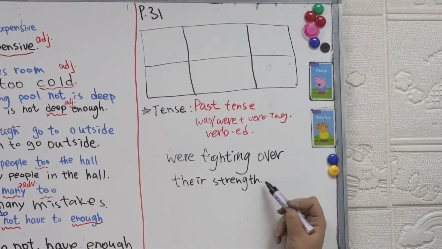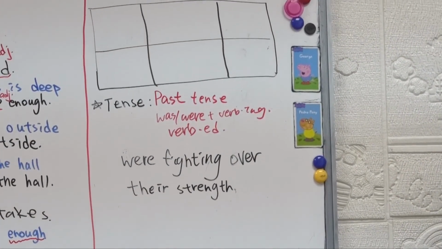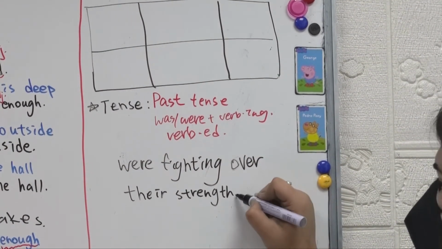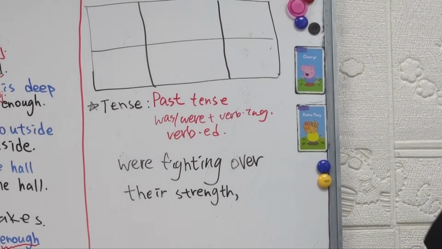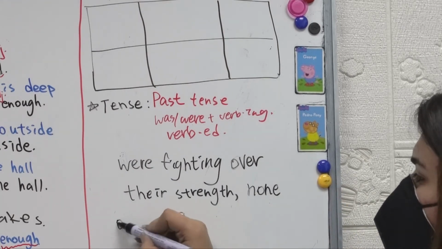But what happened? So one day they were fighting over their strength, right? Did any one of them win the fight? No, right? So the answer is none of them. None of them.